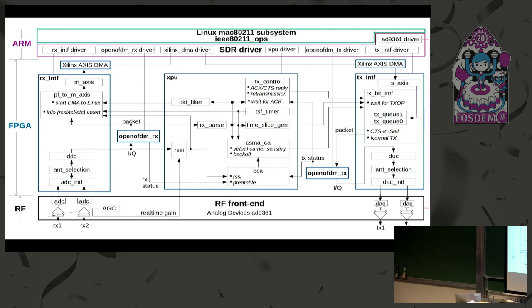To get that information, you have to parse all the packets incoming, parse the duration field. Not only, actually, you also need the MAC address, everything, feed to the CSMA. And the packet filter also needs this parse result. And you generate the ACK CTS reply in real time. Do retransmission in FPGA because Linux gives you a packet.